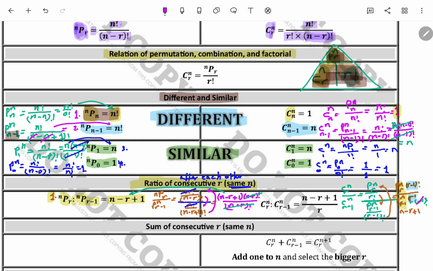This one will be cancelled with this one. So what is left down, you will have r alone. And this is what we proved here exactly. n minus r plus 1 over r. So it is the same as this, but the new thing is that you're going to divide by r.